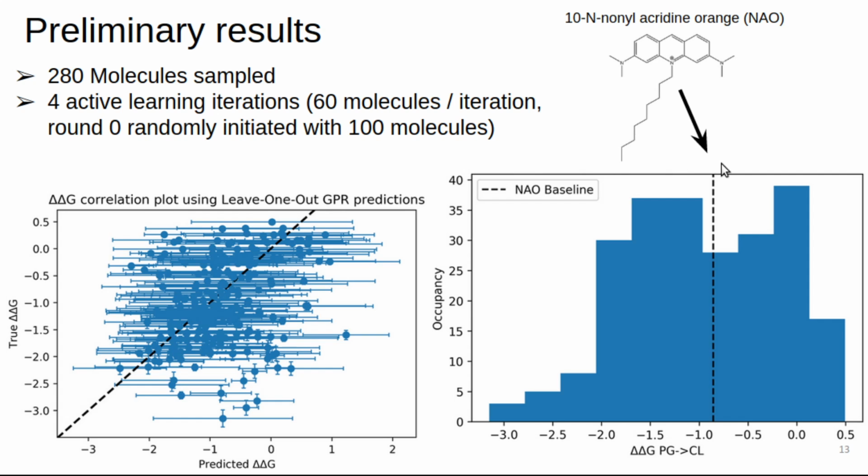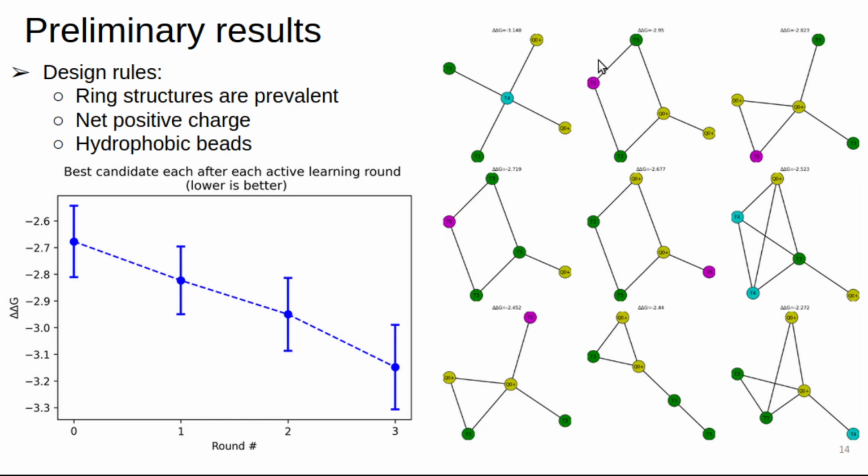So we can see that compared to the baseline 10N nonyl orange NAO, the currently used baseline, we've already sampled a number of molecules that outperform this baseline according to our free energy estimate of the selectivity of cardiolipin compared to POPG. Further, we can see that our model so far is improving round by round.